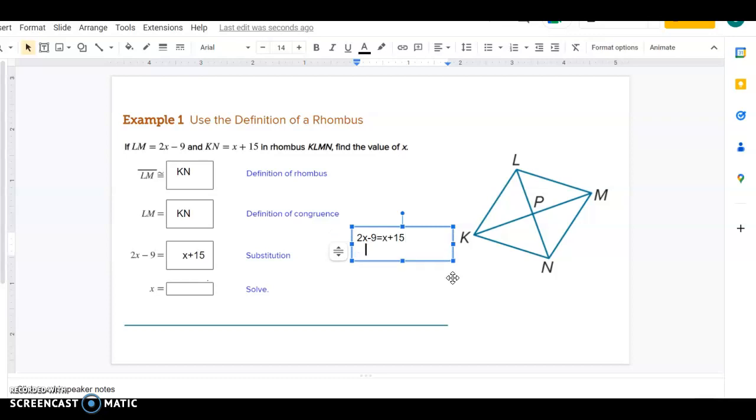So I'm going to get rid of this 9 first. So now I have 2x. Those 9s cancel. So now I have x, 15 plus 9 equals 24. I'm going to get rid of the x on this side, so I'm going to subtract my x. So now I have x equals 24.